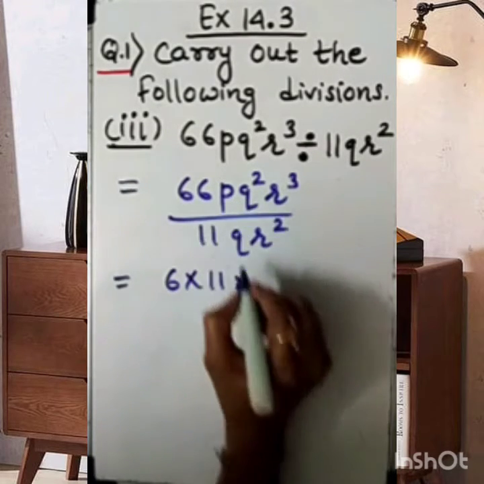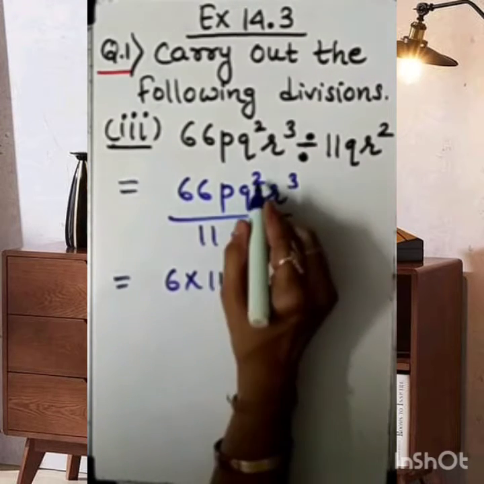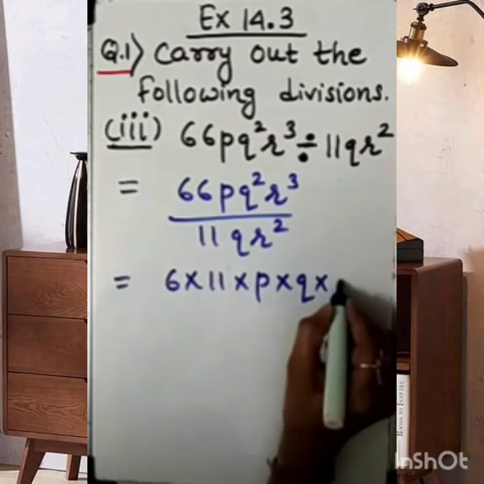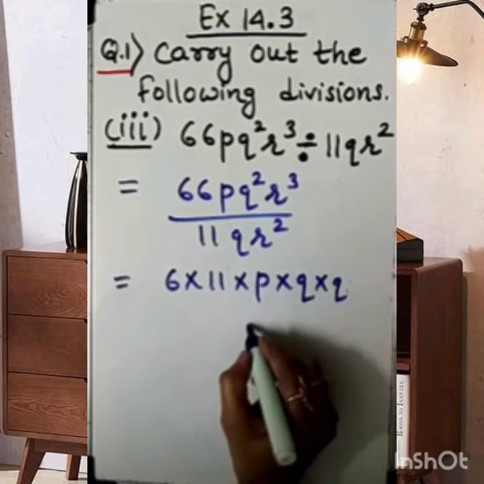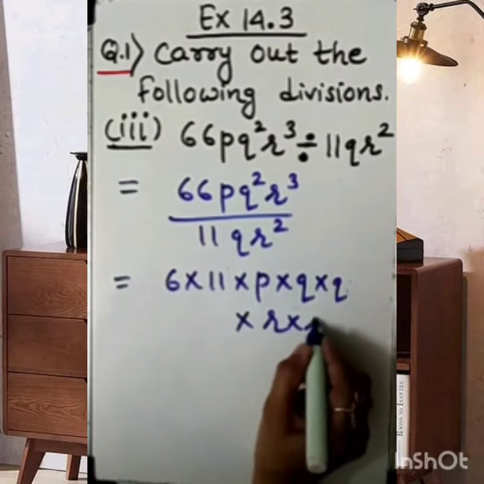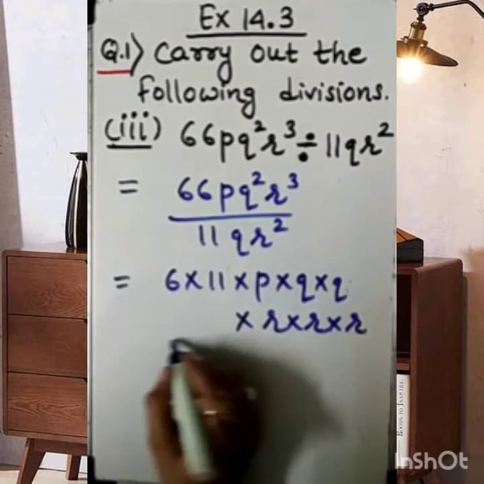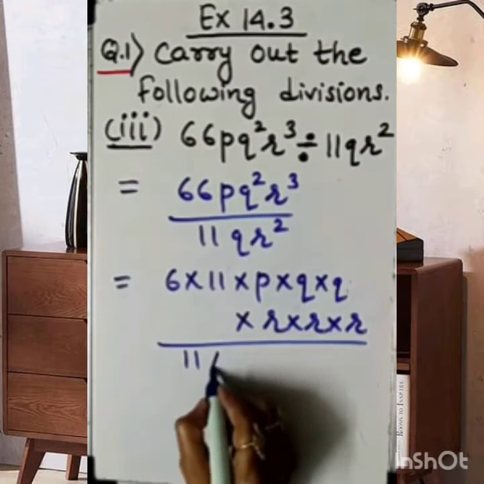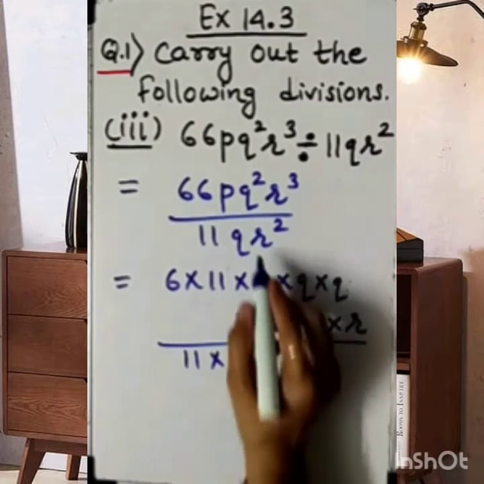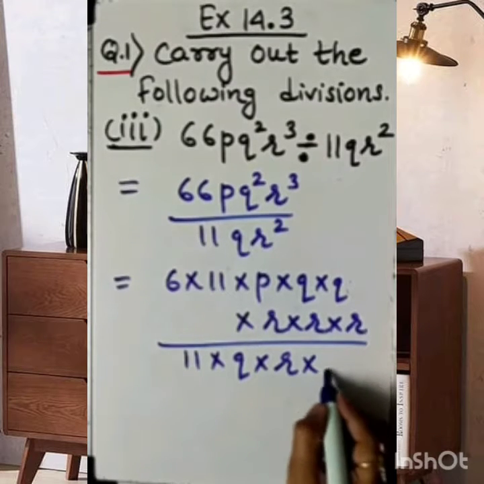What about p? Single time p. Q square indicates 2 times, q into q, and r cube indicates that r 3 times, so r into r into r, upon. You can see here 11 is there into q 1 time, r square indicates r into r, 2 times.